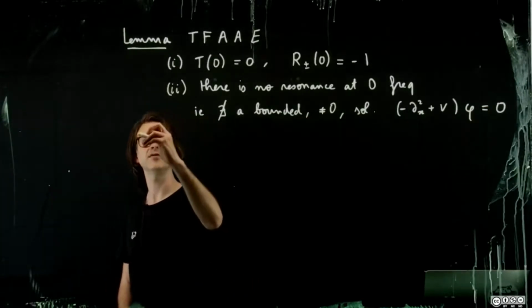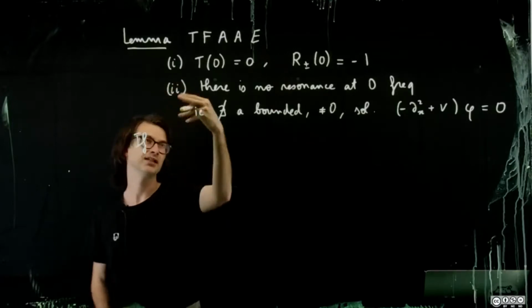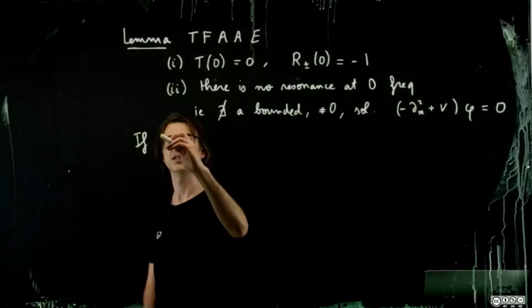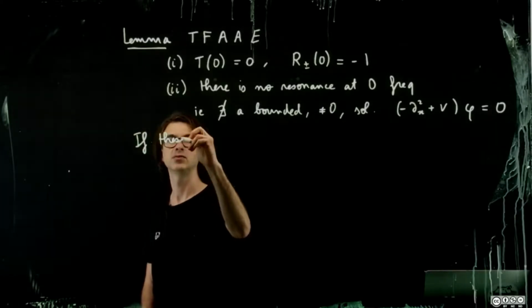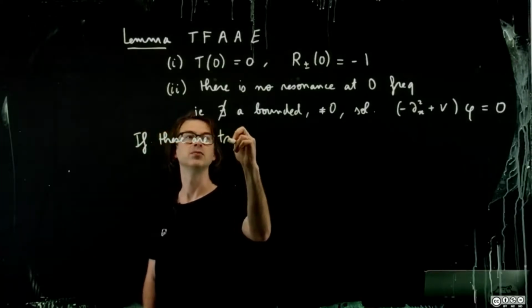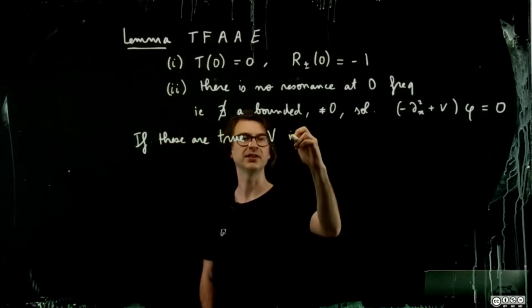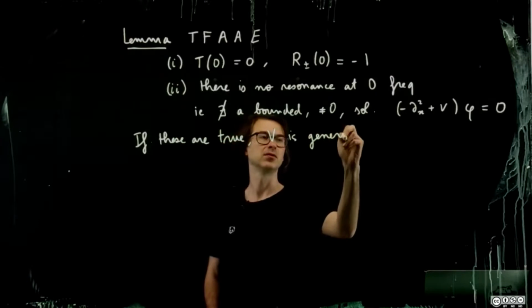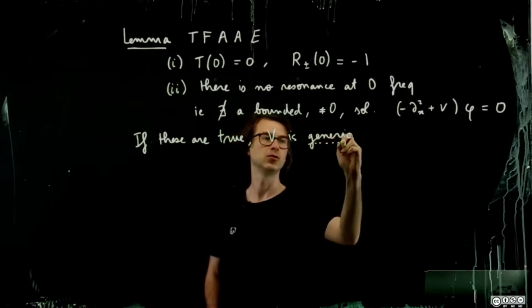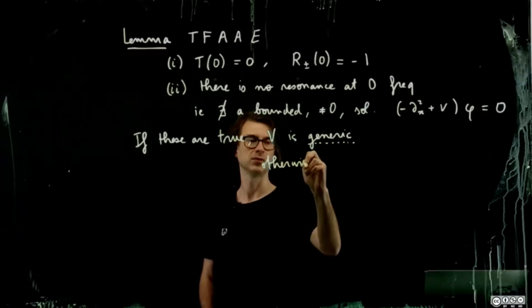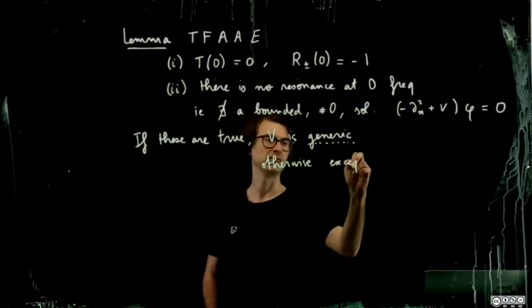So if both of these assertions are true, V is called generic, and otherwise it's called exceptional.